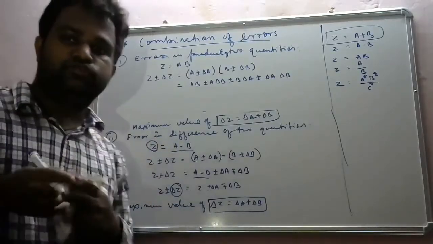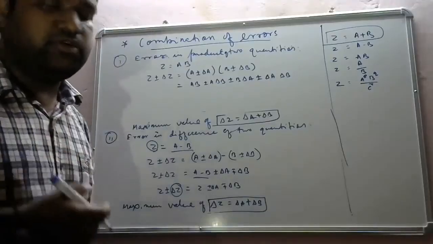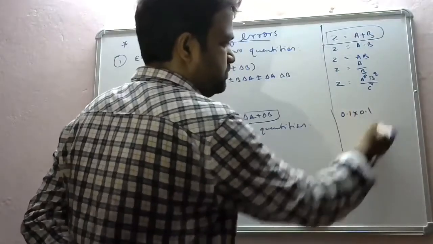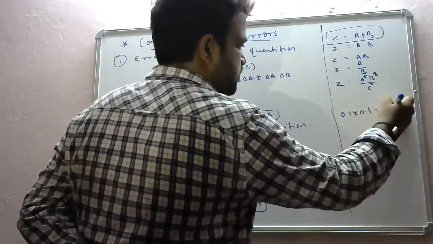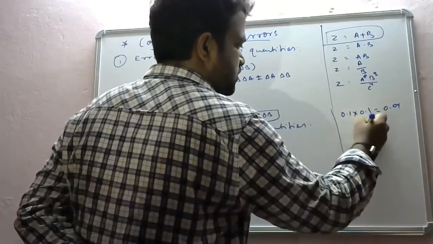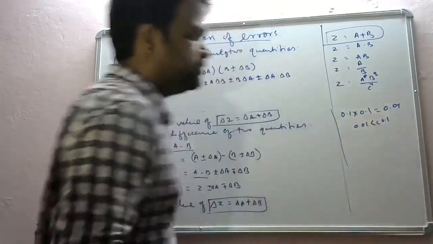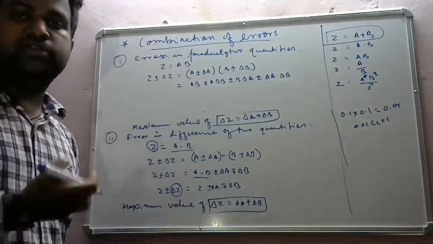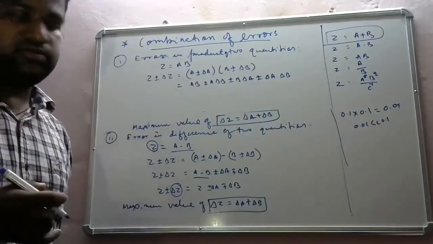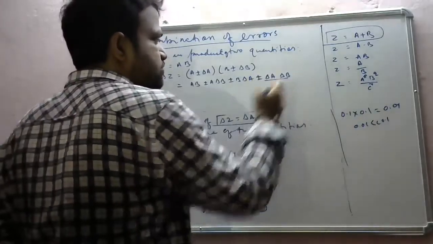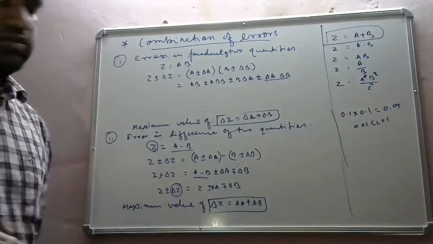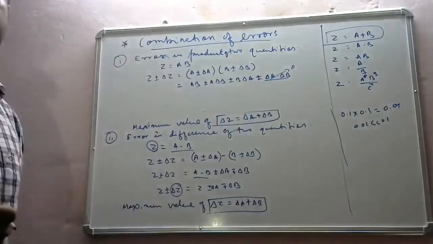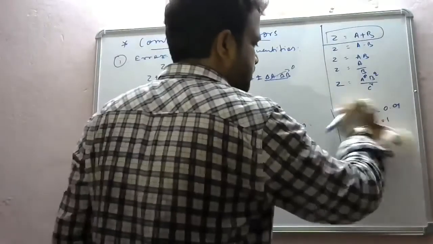So how will you multiply two fractional small numbers? The result will again be a small number, right? For example, 0.1 into 0.1 is 0.01. So 0.01 is less than 0.1, isn't it? So when you multiply small fractional numbers, the result will be even smaller. So delta A into delta B is very small. So as an approximation we will put it approximately 0.